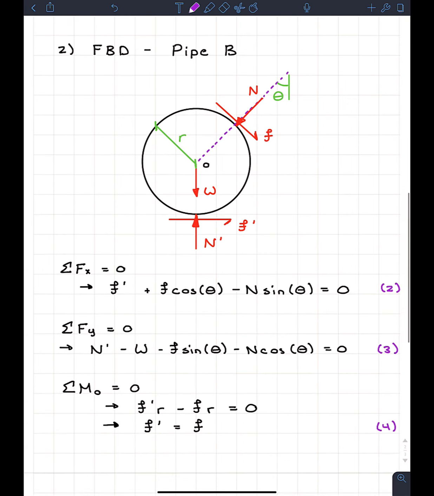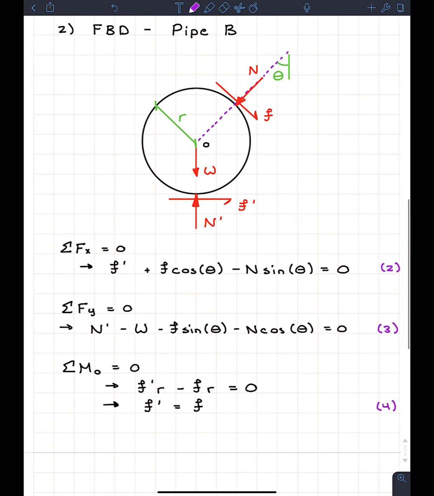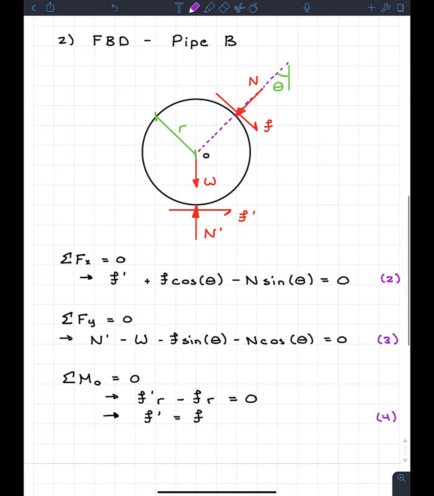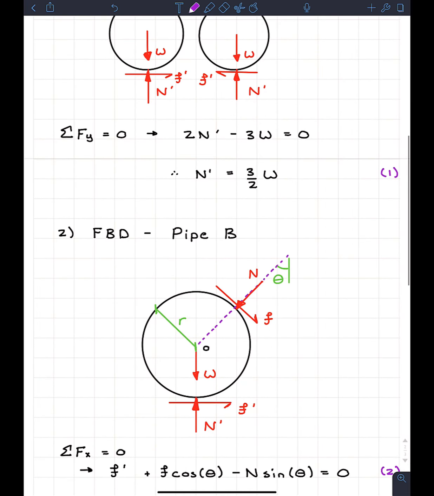So what I want to do is I want to try and make things, of course, as easy as possible for everything. So I'm going to say, okay, I have 2 major equations, and those are 2 and 3. Equation 4 and equation 1 up here, well, those are just kind of simple, nice little tricks.